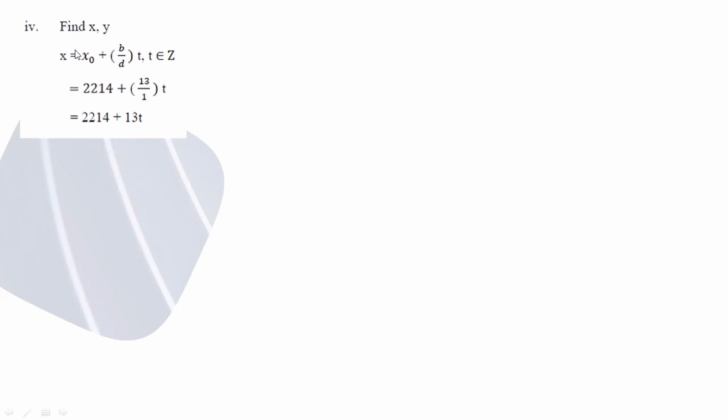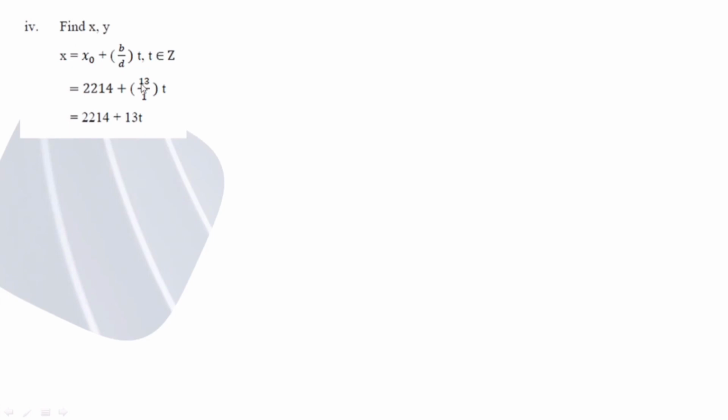For finding the value of x, we can write the formula of x is equals to x0 plus b divide d times with t. Here, t, we can say that it is the element of Z. As the previous part, we got to know that the x0 here is 2214 plus b here.